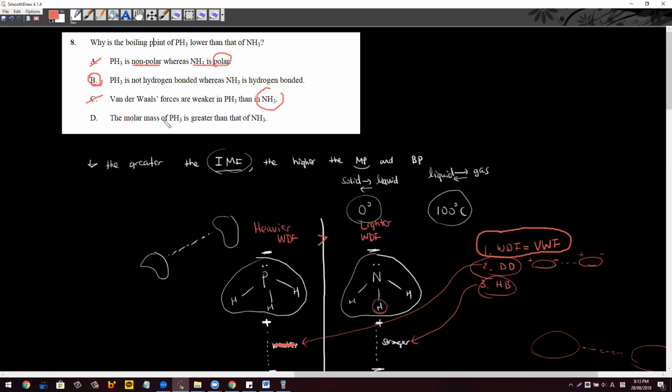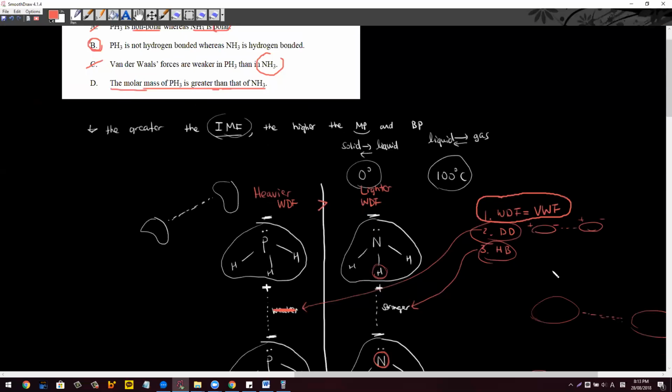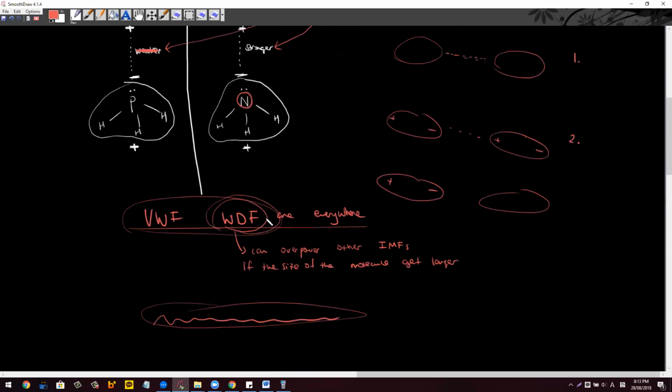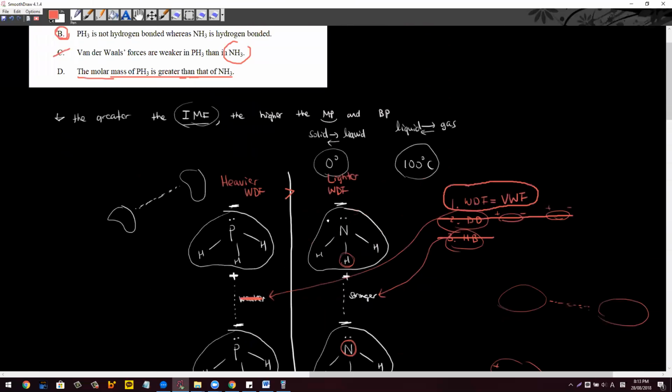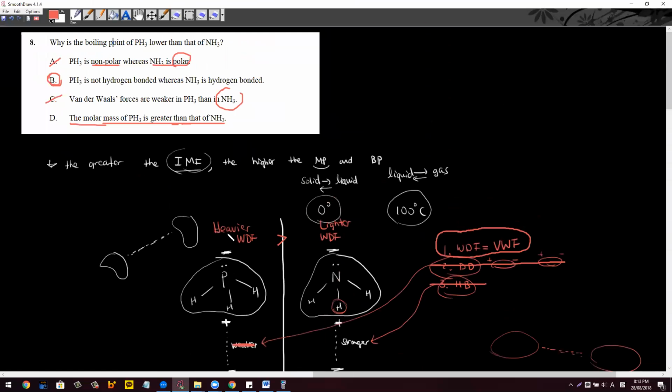It says molar mass of PH3 is greater than, oh, that is true. This is a true sentence, but this is not the reason why. So you see, when there is no dipole-dipole interaction, when there's no this, when there's no that, if these are not polar, then a heavier molecule will have a greater intermolecular force and therefore greater boiling point.